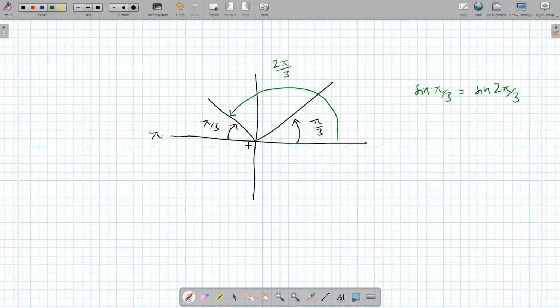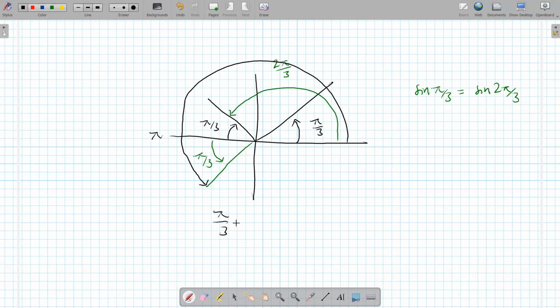Same thing down here. If this is pi over 3, that's your acute angle, what is going to be your principal angle? How can we figure that out? We are pi over 3 radians away from pi, so you just add them up. You add 1/3 to 1, right?